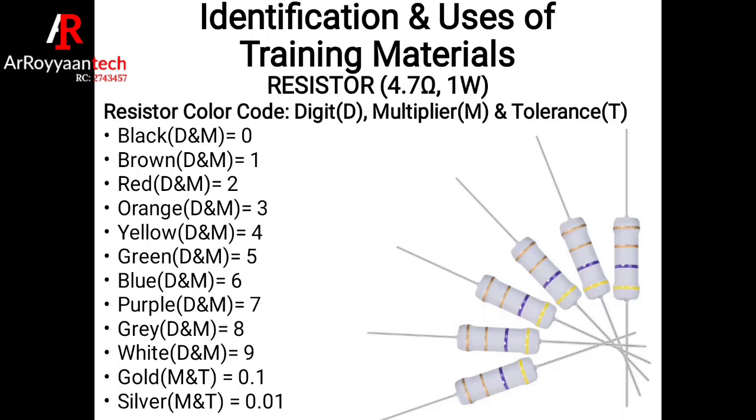So when calculating, you may be confused about where to start your reading from. If you see one end of the resistor with gold or silver, that tells you that's the end part.